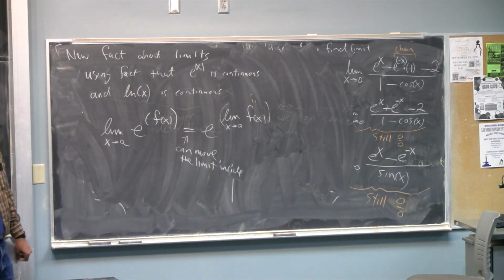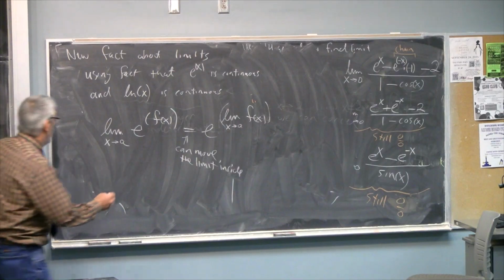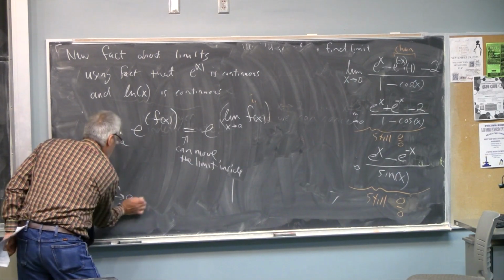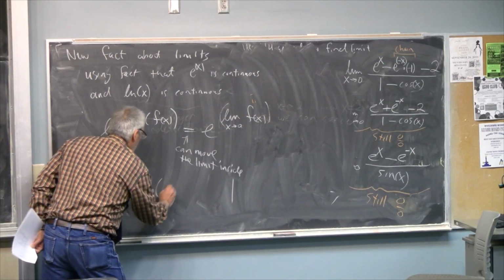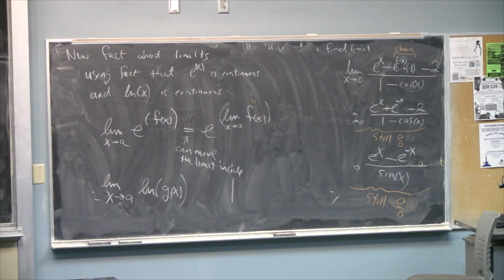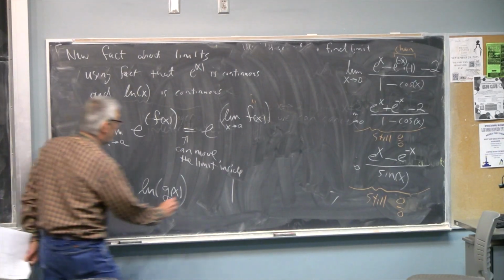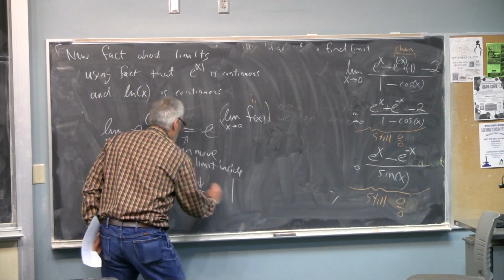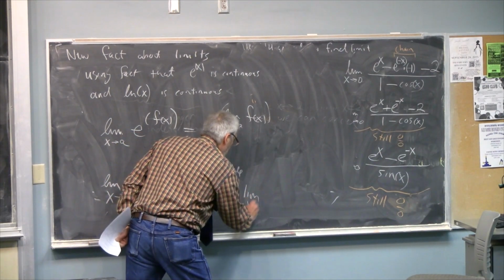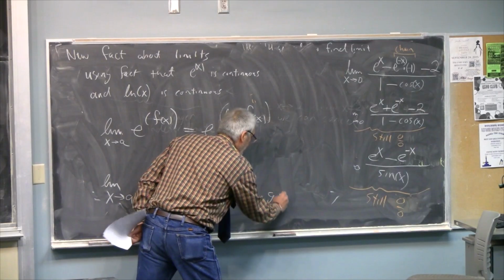And there's another thing like this for ln of x. So if I have the limit as x approaches a of ln of g of x, I can do the same thing. I can move the limit inside and get ln of the limit of g of x.